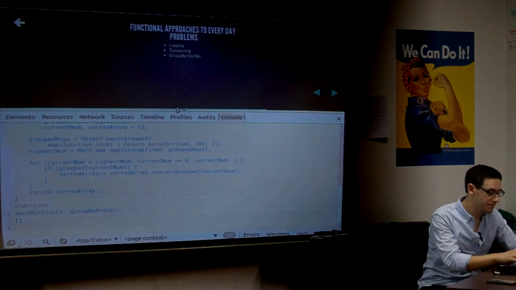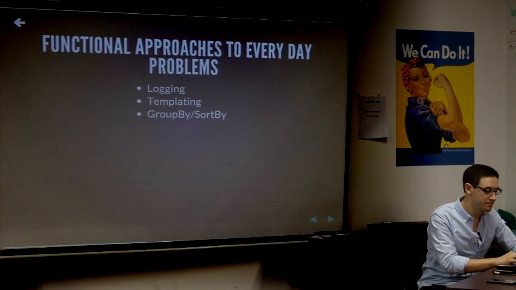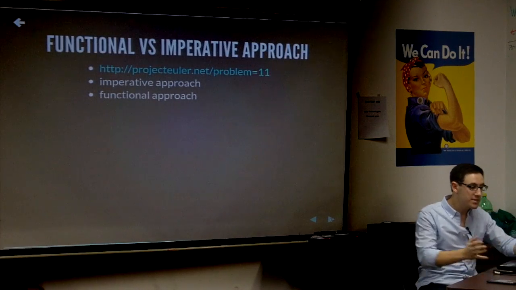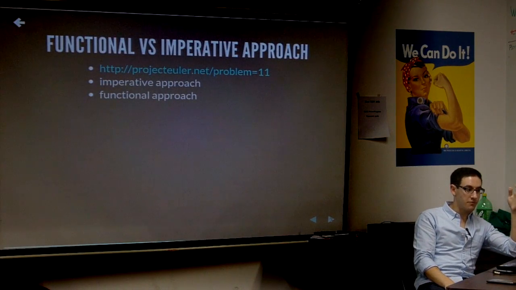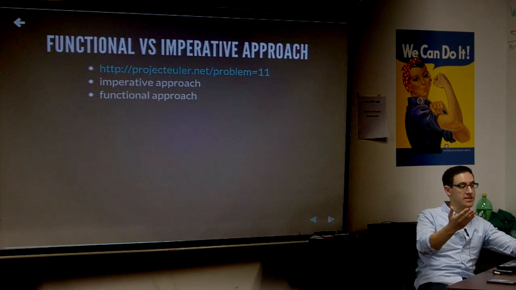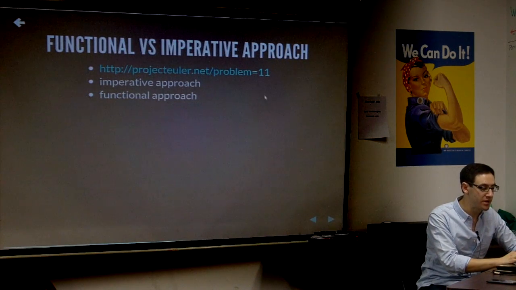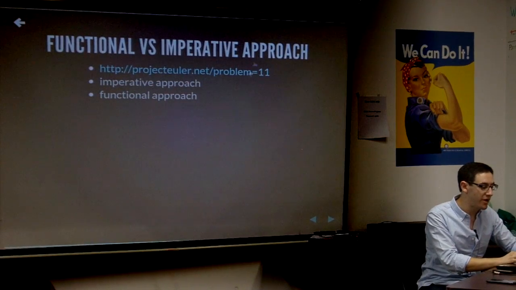And then I think this last slide. This last slide was actually what made me think of talking about this. A friend of mine asked me to solve this particular problem with him, and so when I compared my approach to his, they were really different, because he had that standard imperative approach.